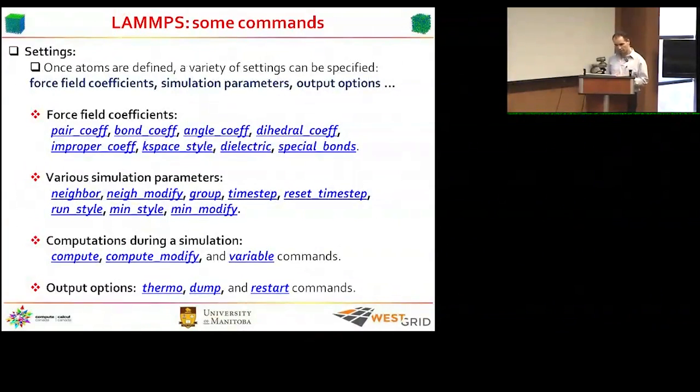For the force field, you also have to specify pair coefficients and so on. For the simulation parameters, you have the neighbor list, run style, minimization style, and so on. Time step: you always have to set the time step.